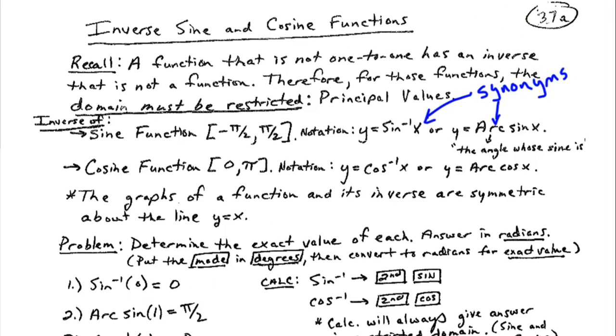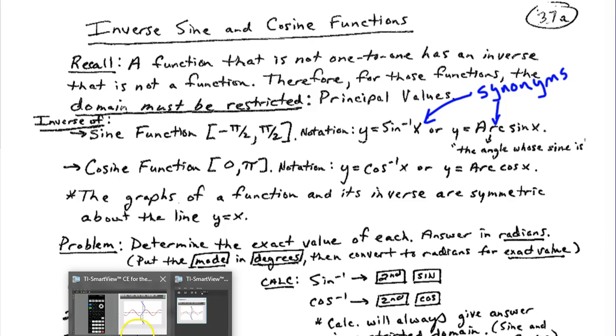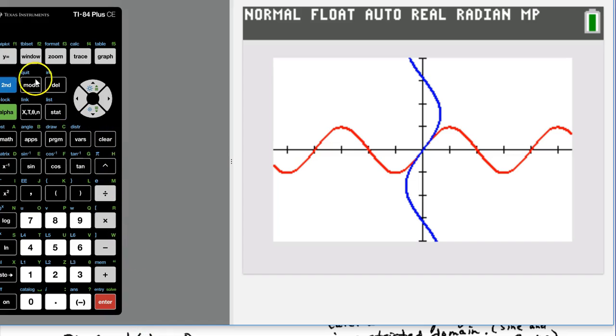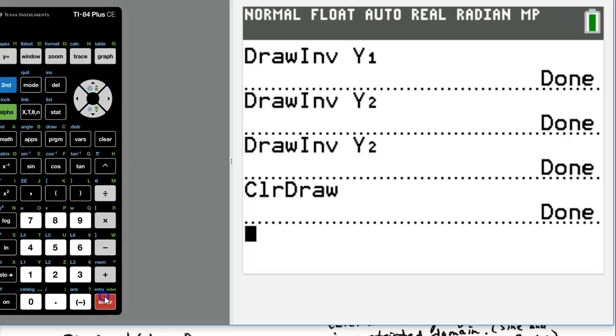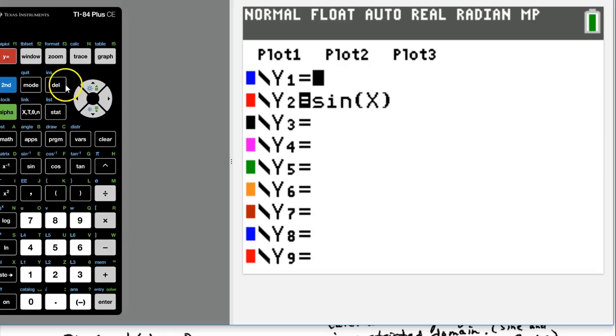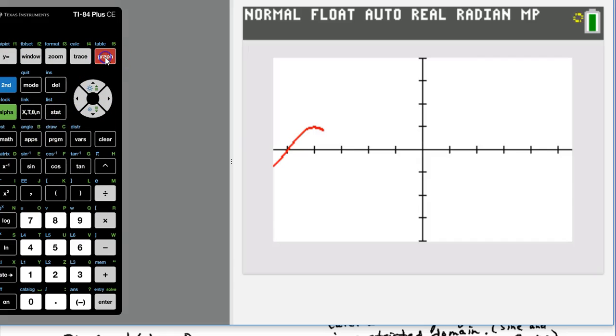All right, for cosine, let's look at our cosine graph. I'm going to go here and do a clear draw. That's just under the draw menu. We go back here and change this to be cosine of x. Graph that. There's your cosine graph. I want to restrict this in such a way that it is a one-to-one function.